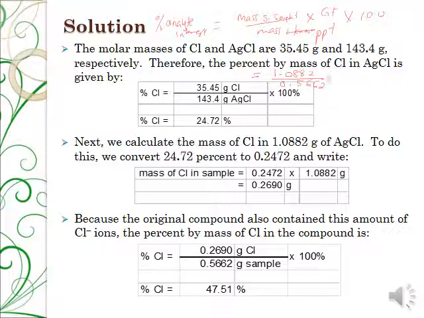Times the gravimetric factor, in this case chlorine over silver chloride precipitate. So 1 to 1 stoichiometric ratio. Therefore 35.45 over 143.4 gram, and then we times by 100. So we should get the final answer, which is 47.51%.